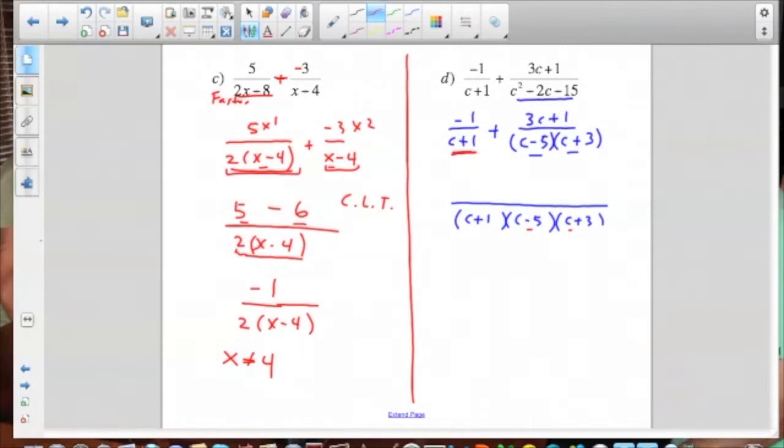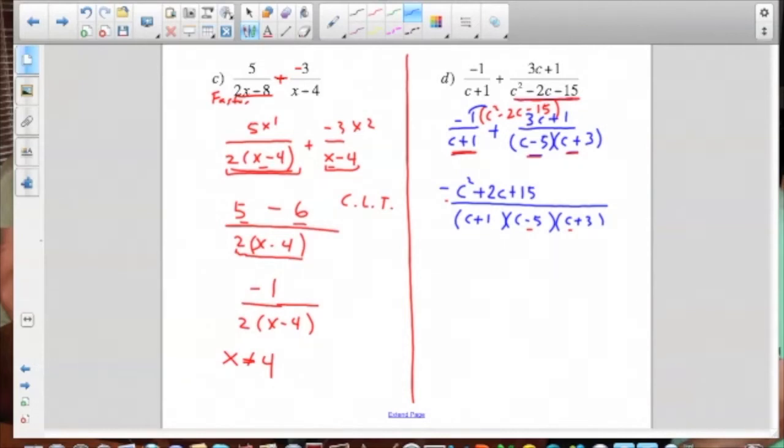So those 2 parts, which are right there, is that. So we can times this negative 1 by that c squared minus 2c minus 15 to create this right here. Okay, so when we go negative 1 times that, we get negative c squared plus 2c plus 15.